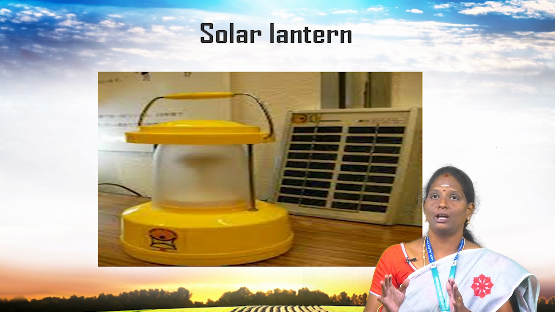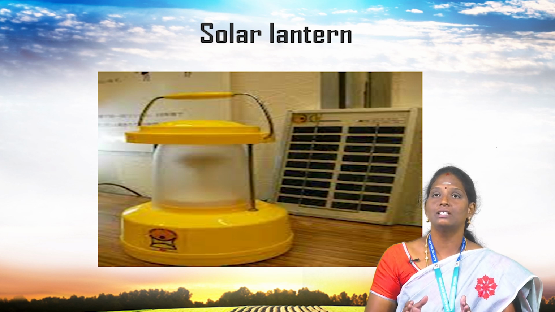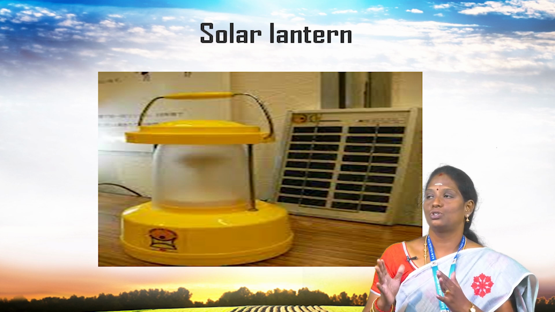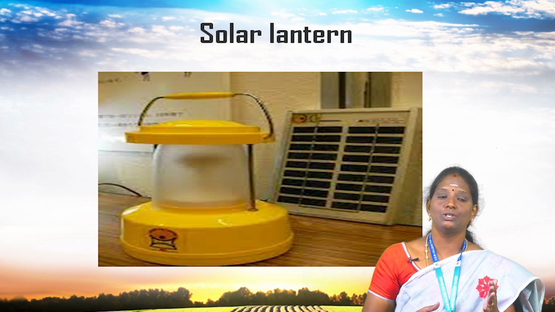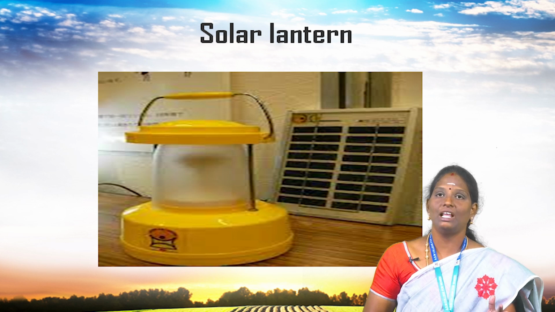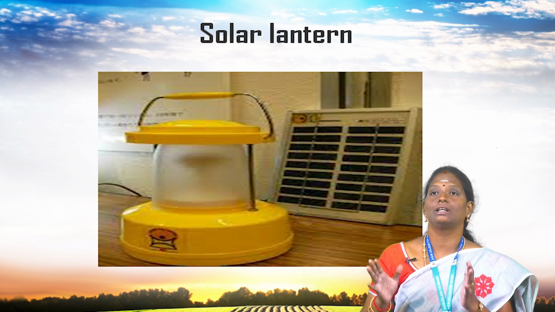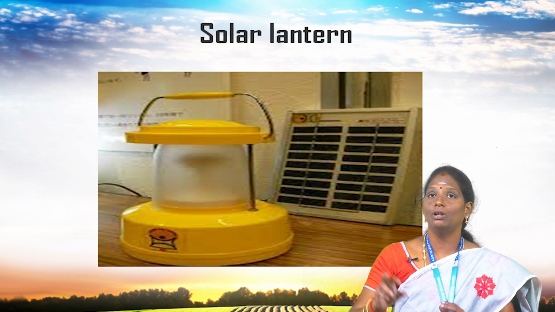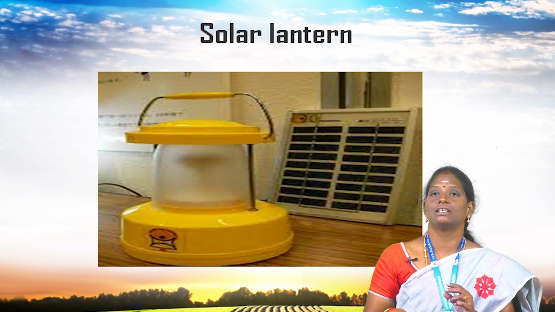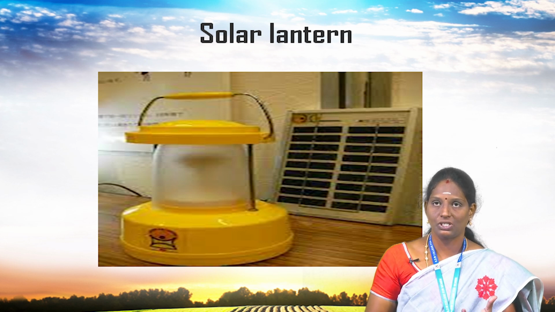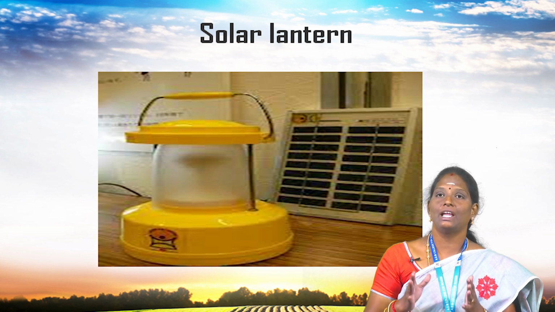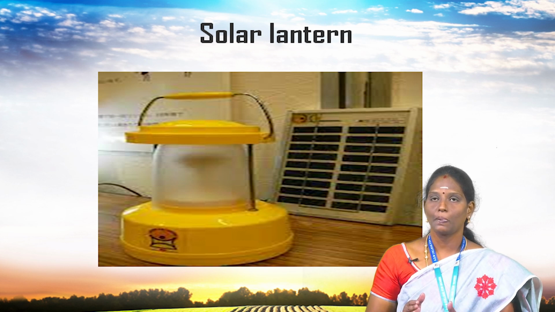Solar photovoltaic powered light, that is called solar lantern, is considered to be the alternative solution to village lighting needs. A typical solar lantern consists of a small photovoltaic module, a lighting device, a high frequency inverter, battery charge controller and appropriate housing.